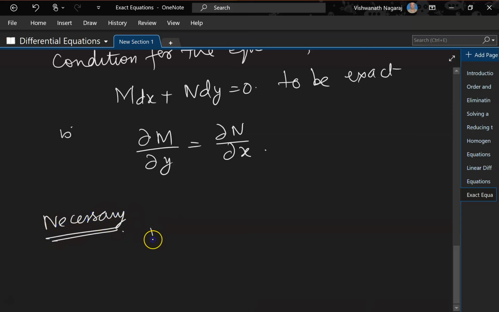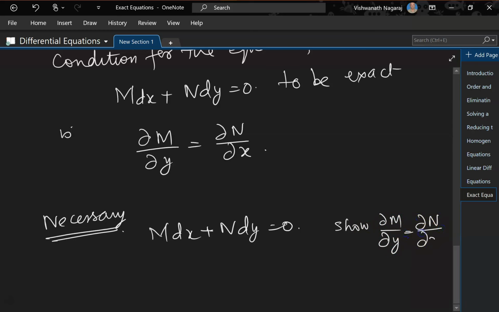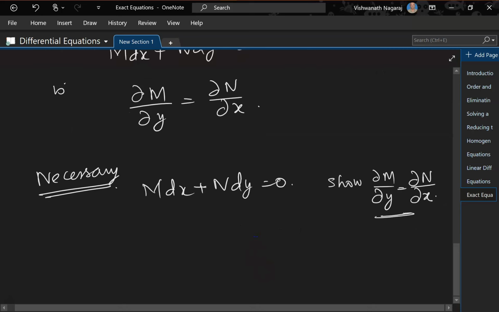We have an equation M dx + N dy = 0, and we have to show that ∂M/∂y = ∂N/∂x. Only if this is true will this be an exact equation.